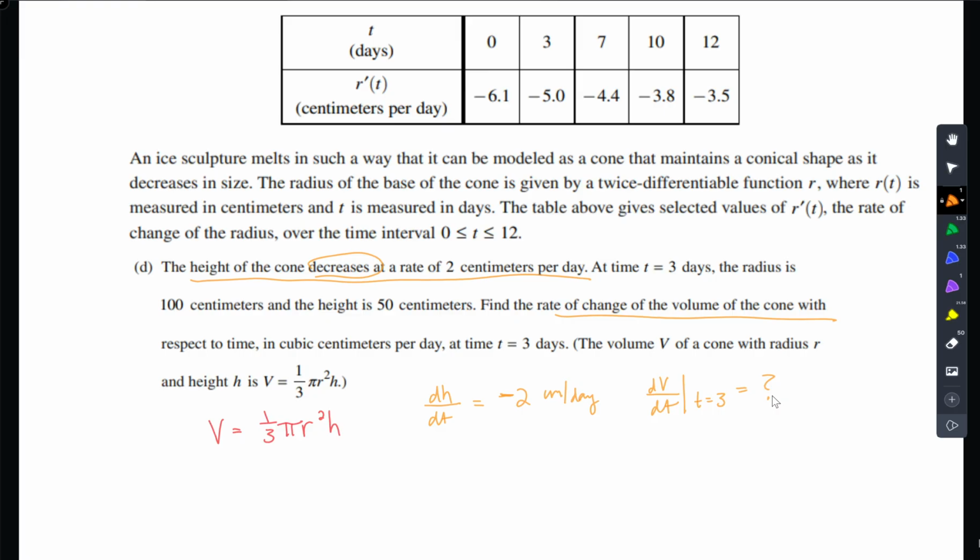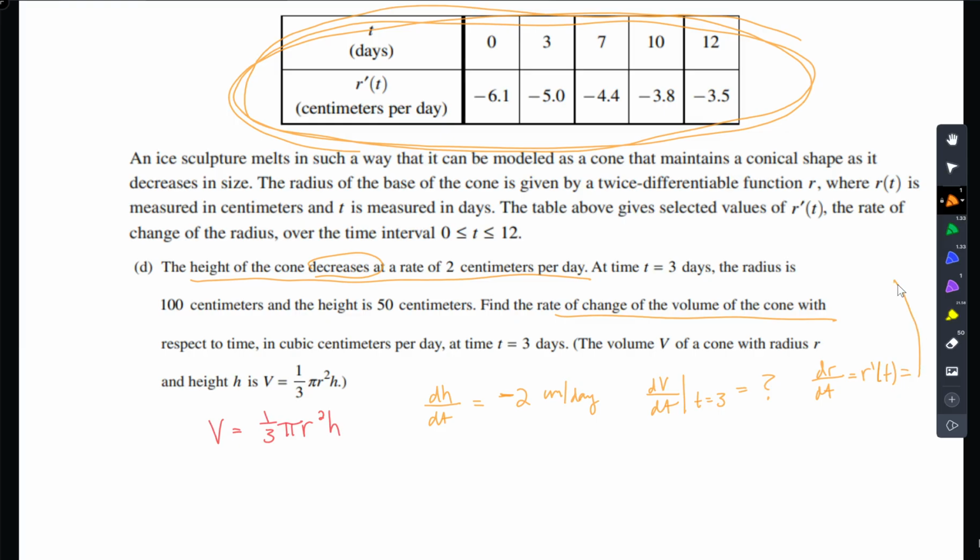I got V and I got H. Actually, they did, right here, in the chart. So dr/dt, or r prime of t, is in the chart. So technically all my variables are accounted for.